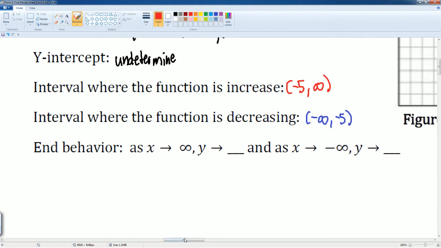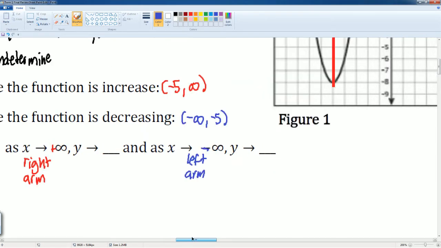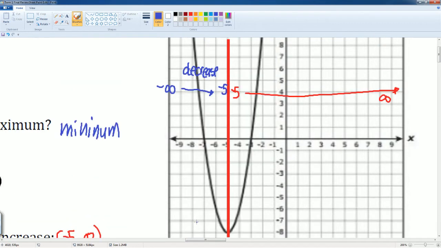Now last one, we look at the end behavior. As x approaches positive infinity, this is the right arm because it's positive. And then this is negative, so this is the left arm. Okay, so for the right arm, we saw that it was going up.